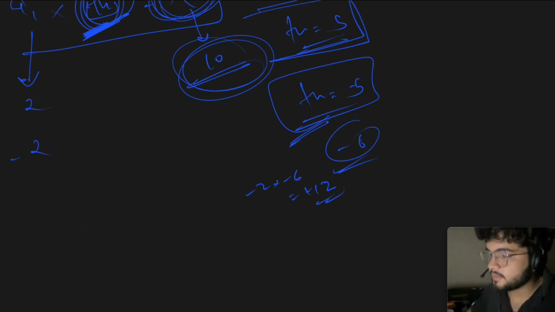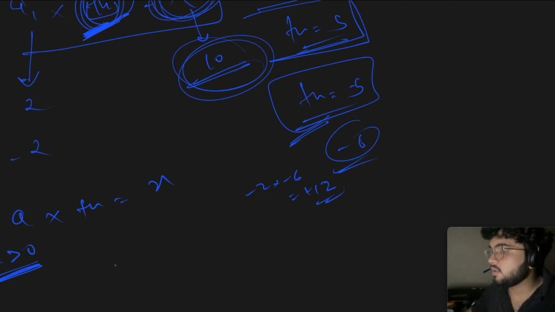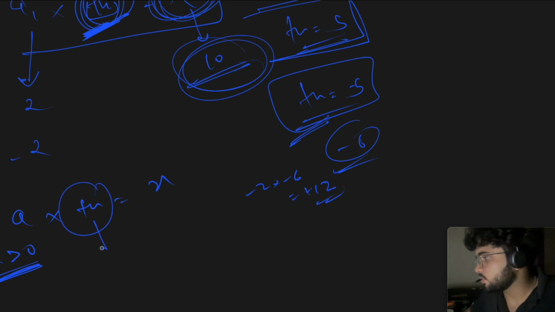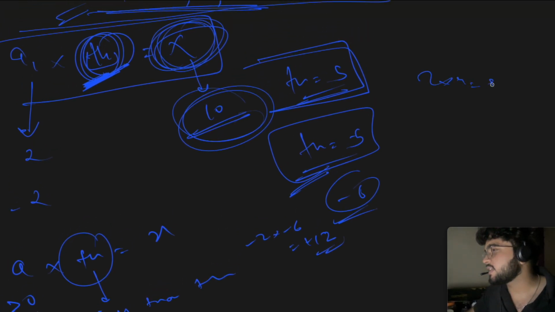So what I'm saying is, let's say a into threshold equals x. If a is greater than 0, then we need to find values less than threshold, because 2 into 4 is 8, 2 into minus 5 is minus 10. All of this is less than the target.